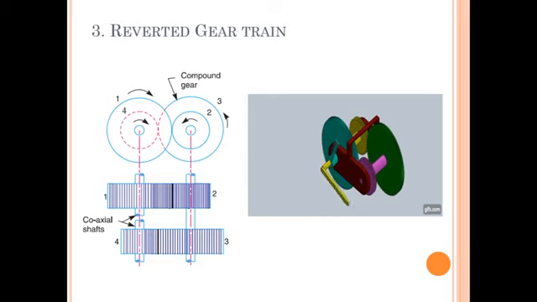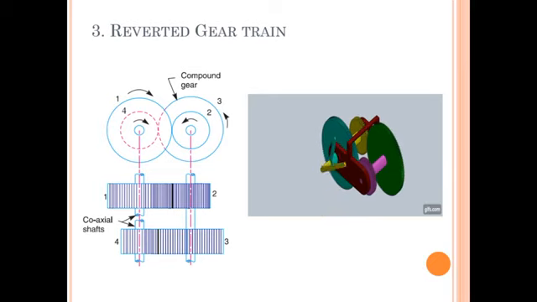But observe carefully, the first and fourth gear, that is the first gear and last gear, have coaxial shafts. That is, when the axes of the first gear and the last gear are coaxial, then the gear train is called a reverted gear train.